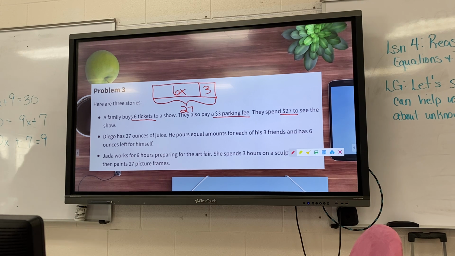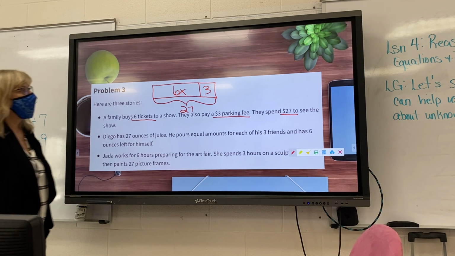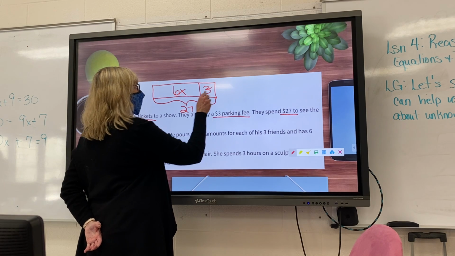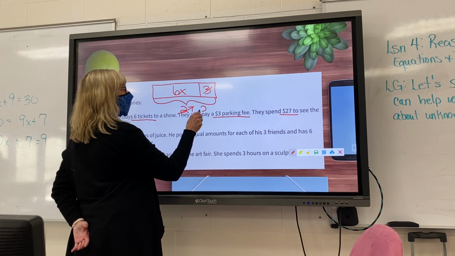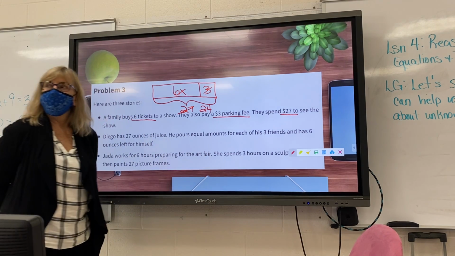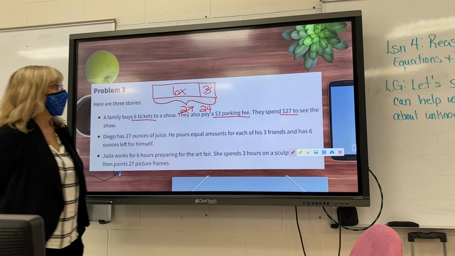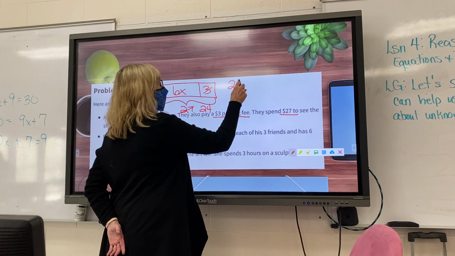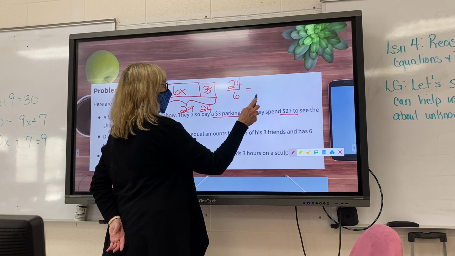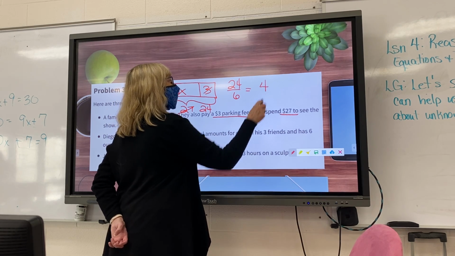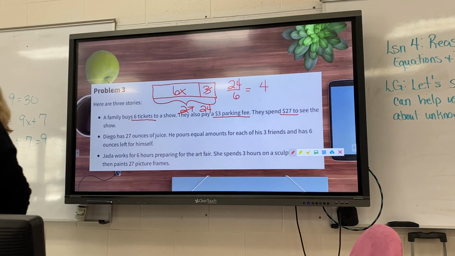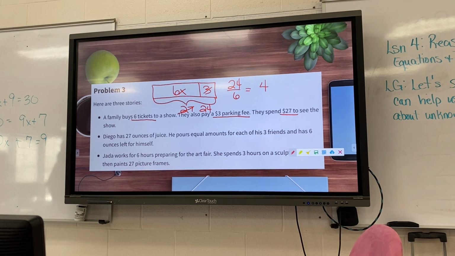Okay. Can we solve this? What are we gonna do first? Subtract 3. So we take that away, that becomes 24. Then what? Divide 24 by 6. 24 divided by 6 equals 4. What does that 4 mean in this story? $4 per ticket.